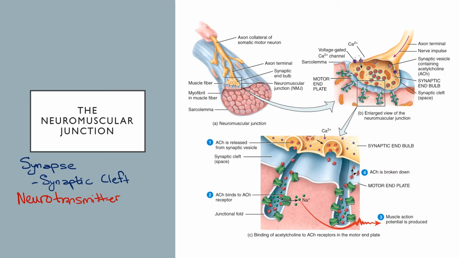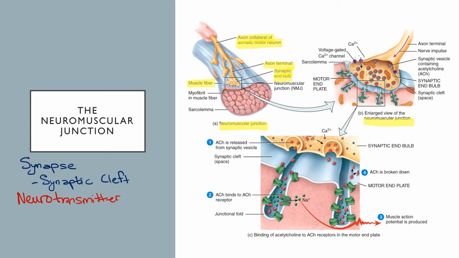At the neuromuscular junction, which we can see here, we can see the axon from a somatic motor neuron. And then here we have our muscle fiber. And here we have a larger picture of a neuromuscular junction, kind of just zooming in to this region of communication between these two cells. So at the neuromuscular junction, the end of the motor neuron, which is called the axon terminal, divides into a cluster of synaptic end bulbs.